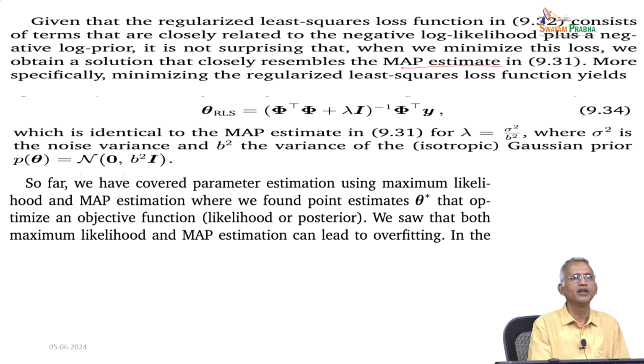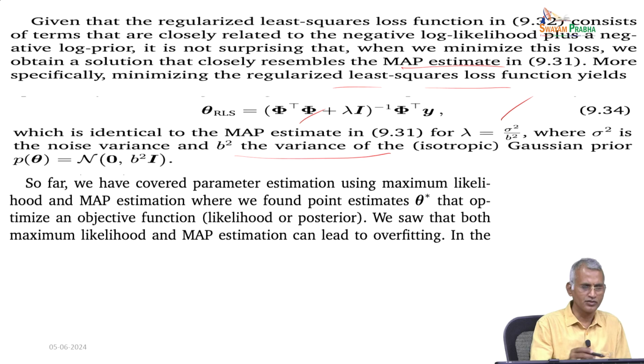More specifically, minimizing the regularized least squares loss function yields theta_RLS equal to (phi transpose phi plus lambda I) inverse times phi transpose y, which is identical to the MAP estimate for lambda equal to sigma squared by b squared, where sigma squared is the noise variance and b squared is the variance of the isotropic Gaussian prior, p of theta equal to N of 0, b squared I.